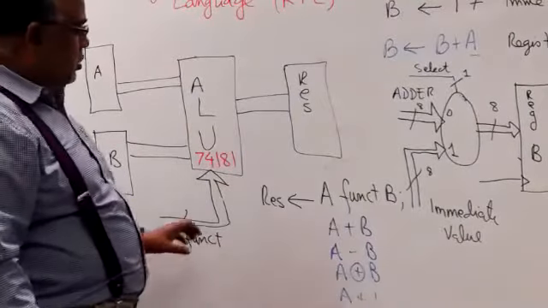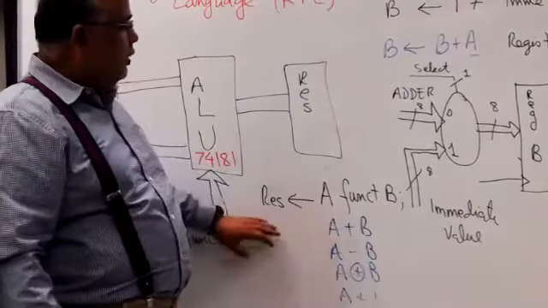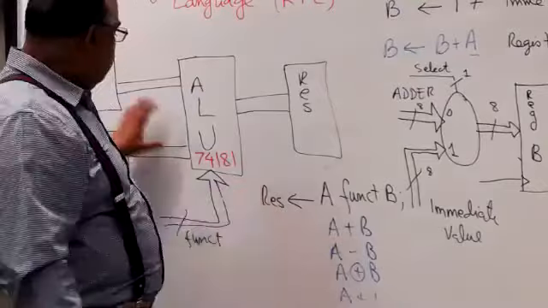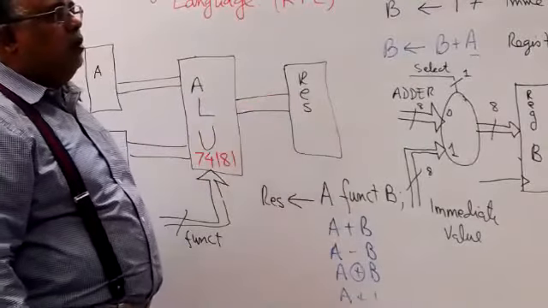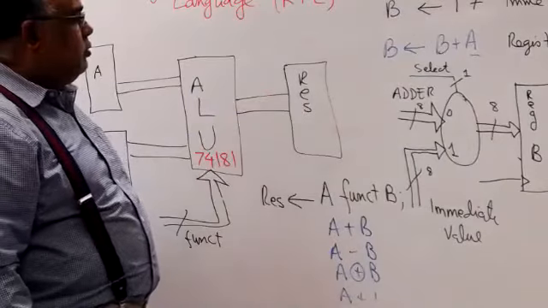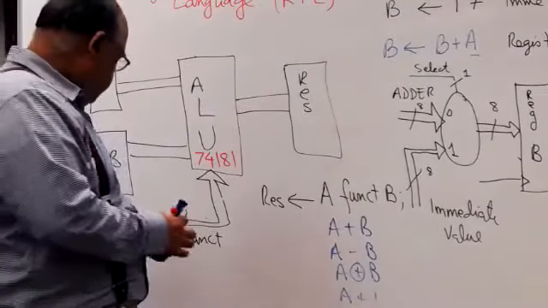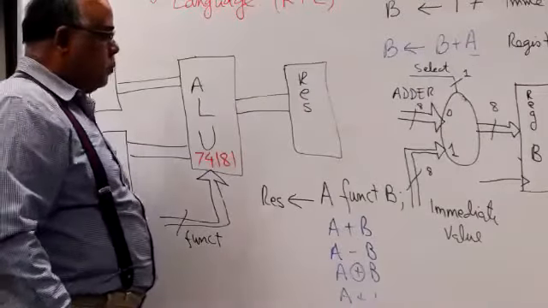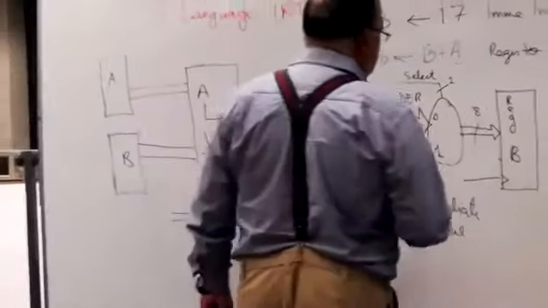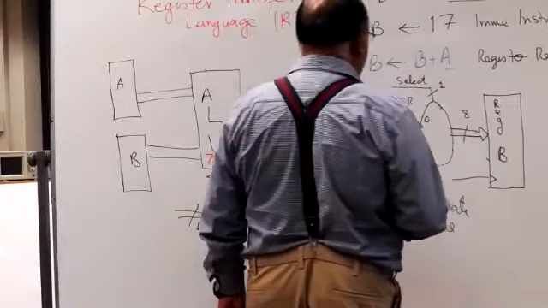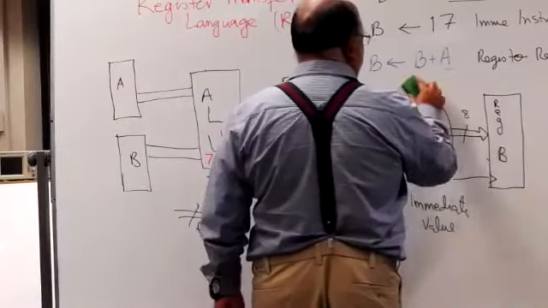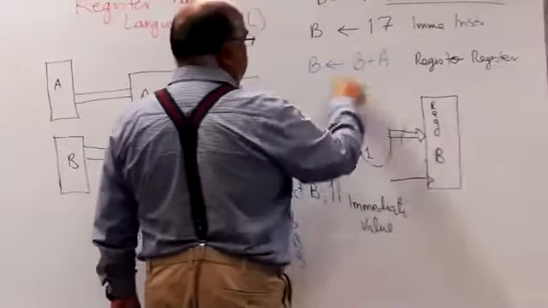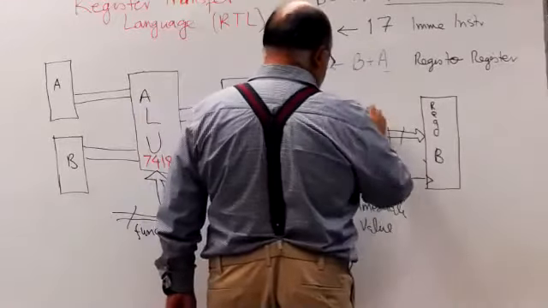So this is also register to register operation. दो रजिस्टर के बीच में ऑपरेशन होता है, रिजल्ट रजिस्टर में चला जाए. So we have this immediate operation, register to register operation.